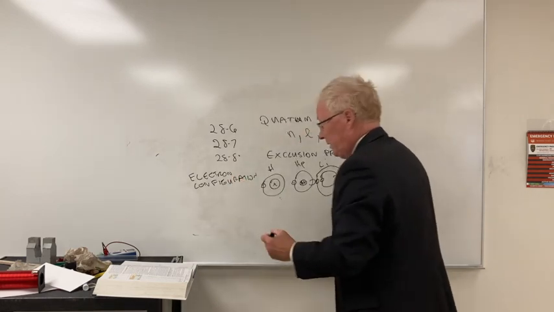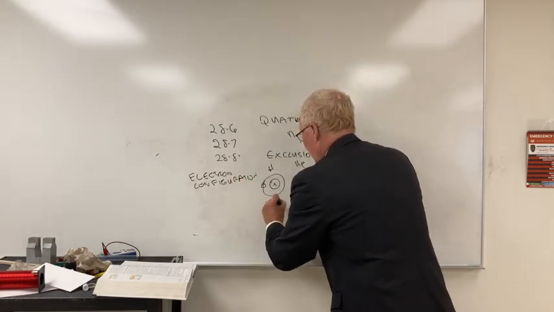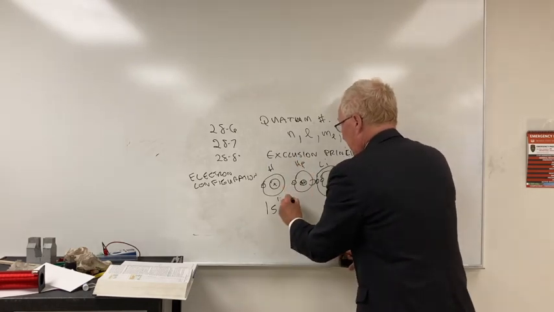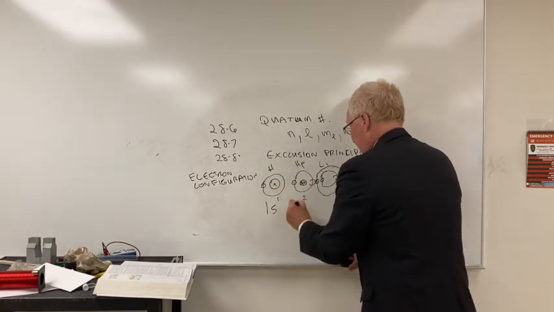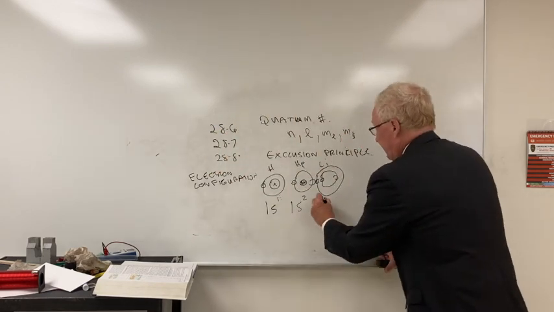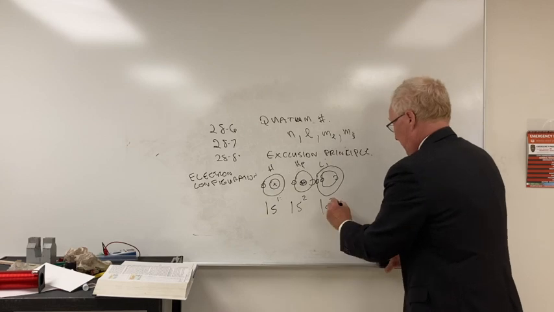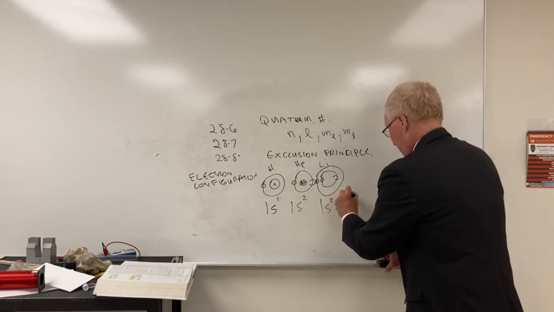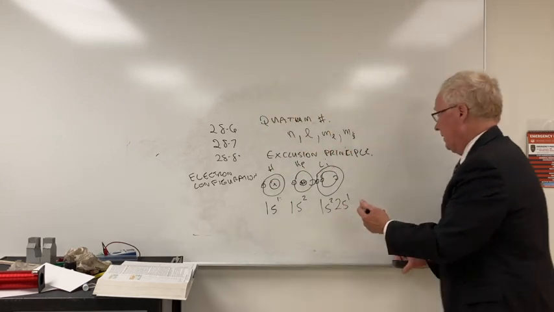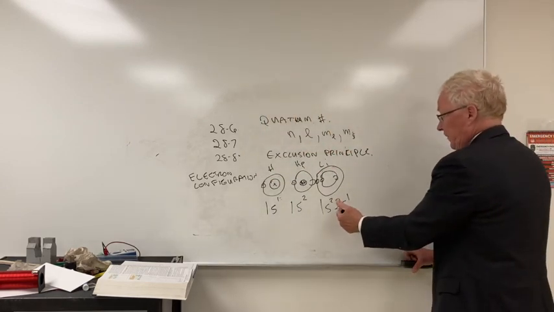So for hydrogen, it's 1s1. Helium is 1s2, and then it's filled. Okay. For lithium, it's 1s2, and then 2s1, and so on, and how that fills up.